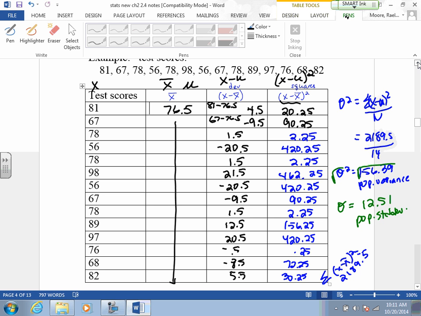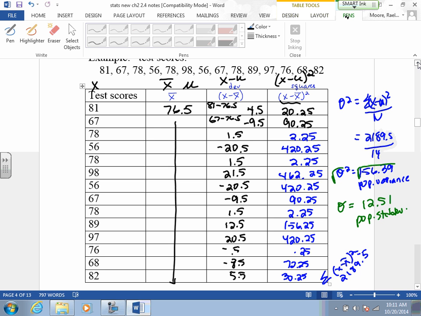So all we did was take your sum of squares divided by how many are in your data set. There's your variance. We took the square root of that to get your standard deviation. Most of this course will deal with standard deviations, not variance. Variance is more for manufacturing, when they're talking very, very small differences. But most of the time we talk standard deviations.